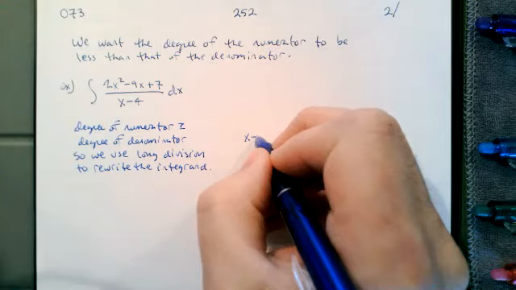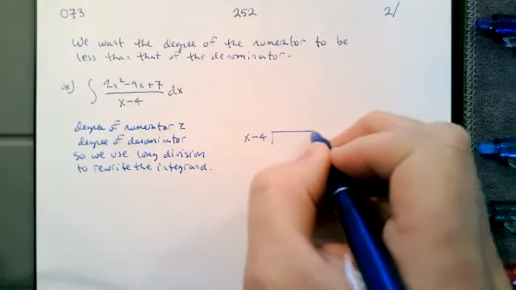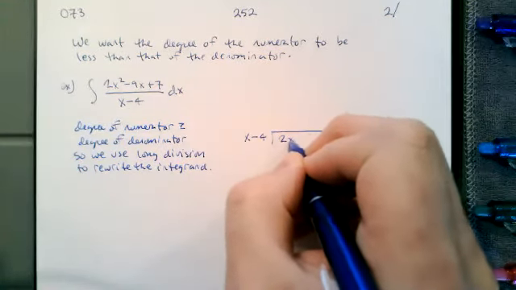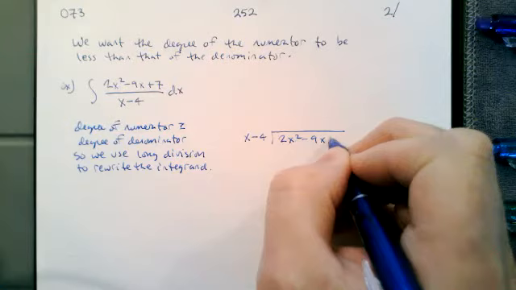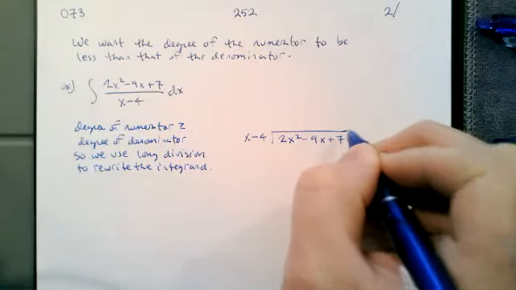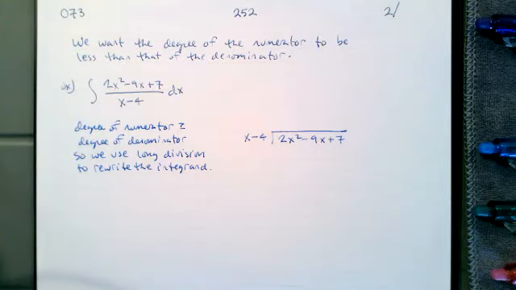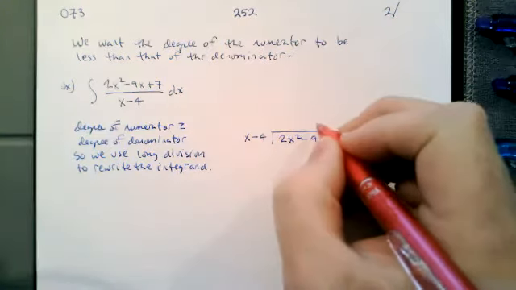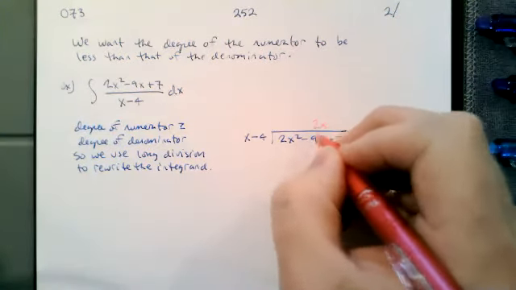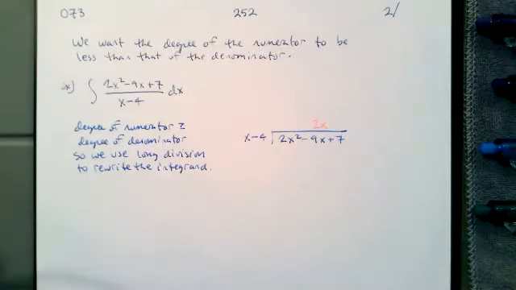So if I take x minus 4 and divide it into 2x squared minus 9x plus 7, the first step is to divide x into 2x squared. We got to think, how many times can we subtract x from 2x squared without going negative? And that is 2x times. I'm going to put the 2x over here in the x column.